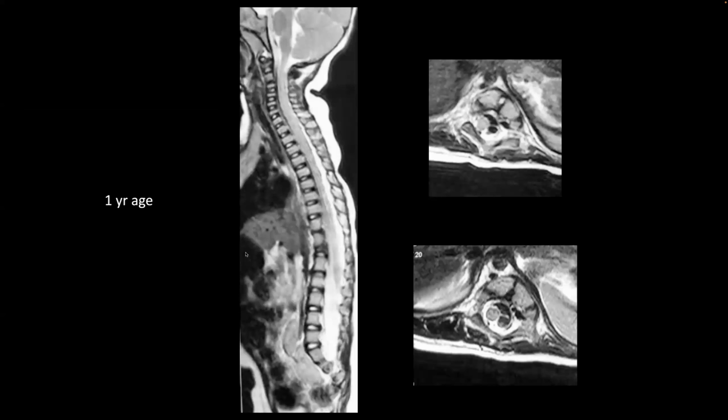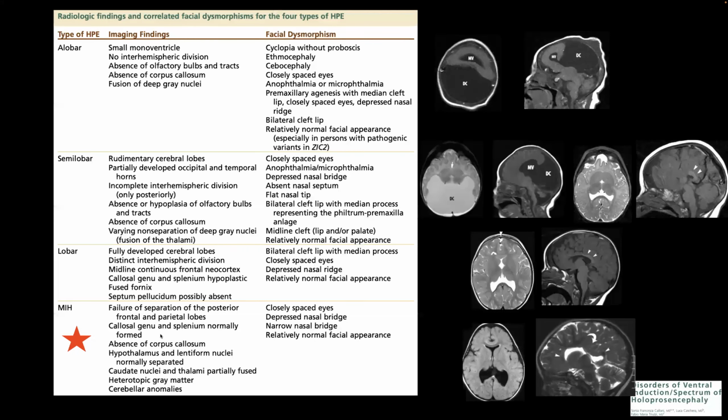Then we go back to the 1-year scan, and I've just put up the spine sequences. There was some degree of hemivertebrae along the lower thoracic region, so segmentation anomalies in the lower thoracic vertebrae along with the ventral induction abnormalities. Most of you would possibly have put it in the chat.